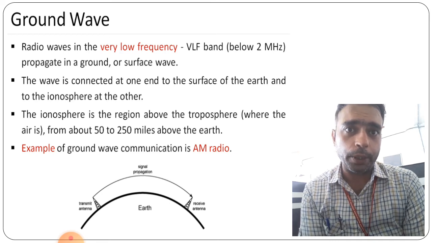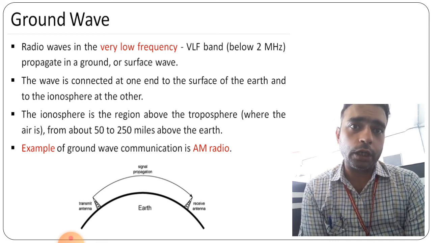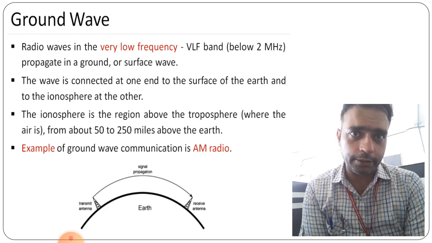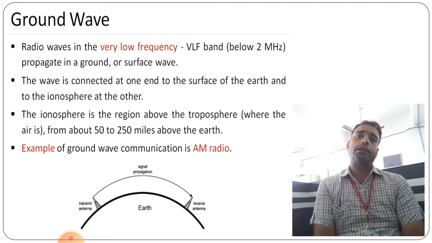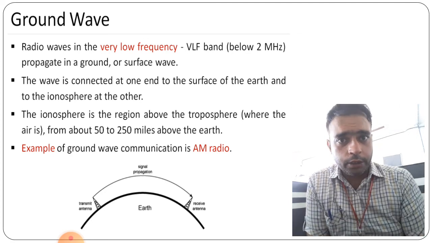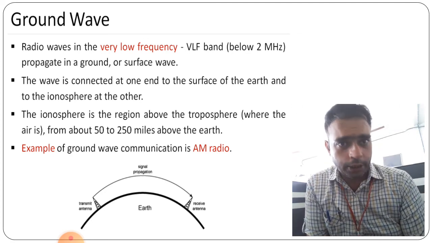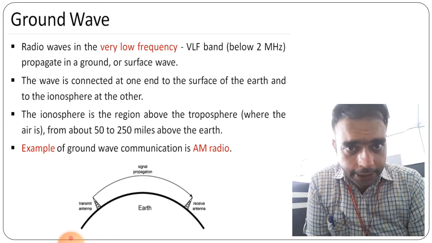So that can be propagated as a ground or surface wave, right? Very low frequency can be used as a surface wave or ground wave. That type of communication is given here as an example, that is AM radio.